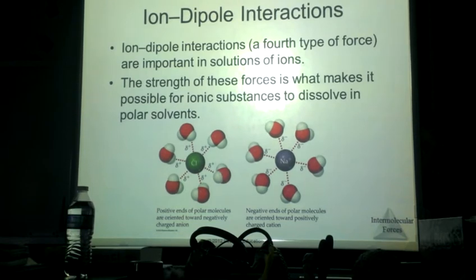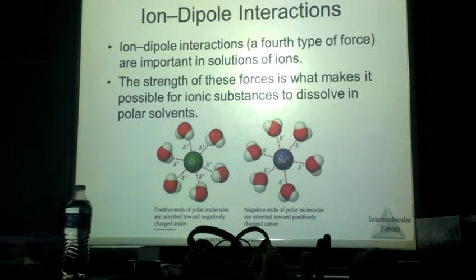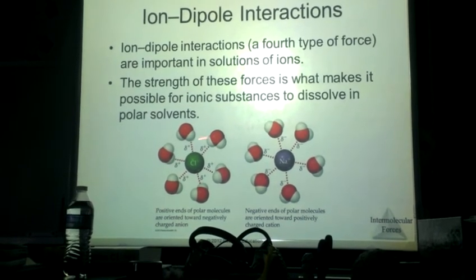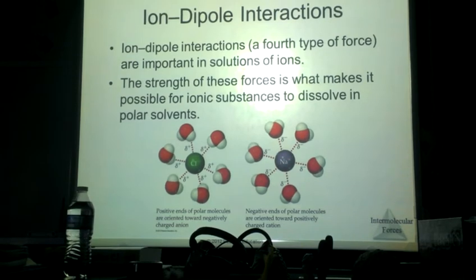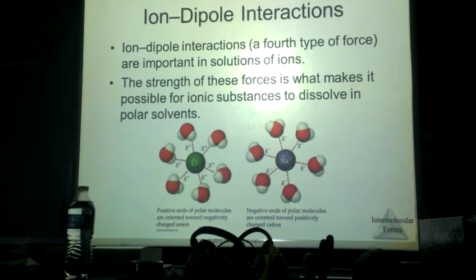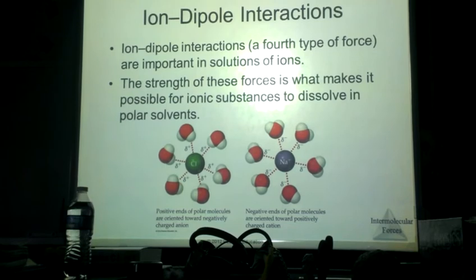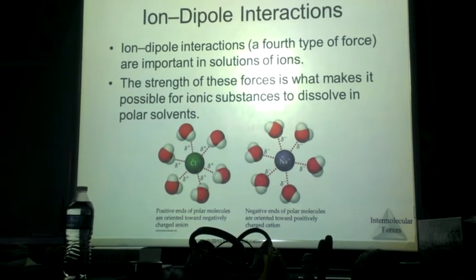So because of that, all of my partial positive ends, so my hydrogens, are going to attract the chlorine atoms. And then all of my oxygen, partial negative ends of water, are going to attract and surround the sodium ions. So this is how we get a solution to form because of ion-dipole interactions.